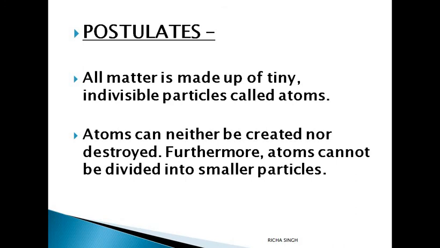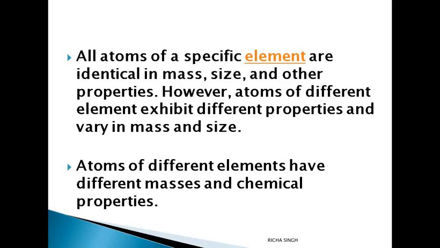If you can correlate, this is the first law, that is the law of conservation of mass. This is what we studied, that an atom can neither be created nor be destroyed. So this postulate consists of the first law of chemical combination also. The next postulate was that all atoms of a specific element are identical in mass, size and other properties.